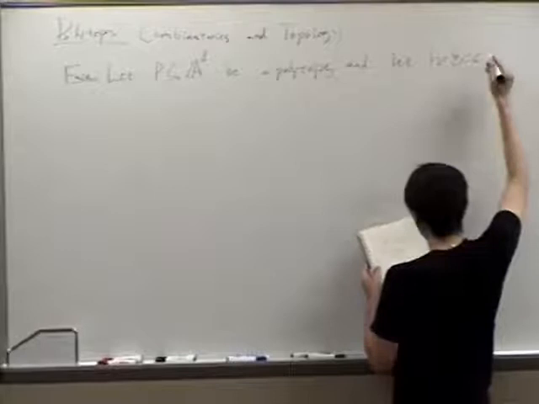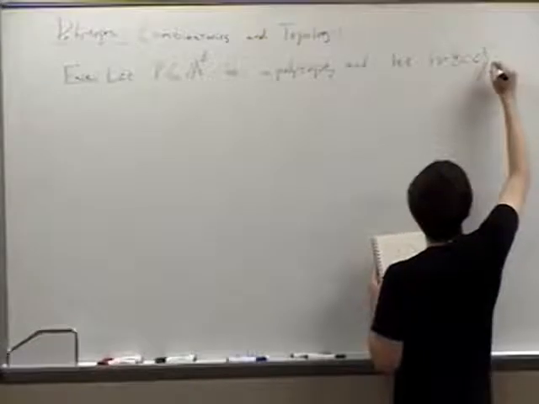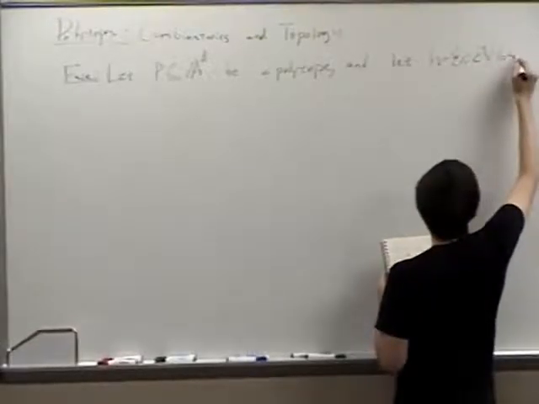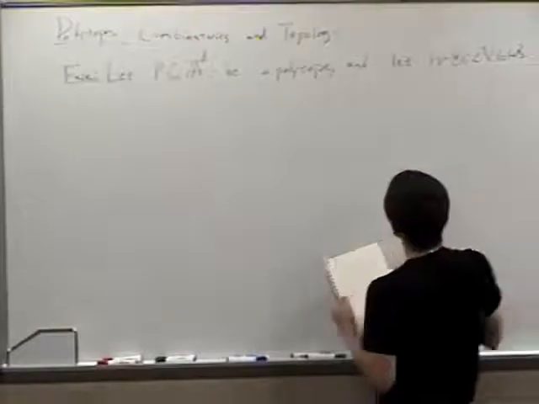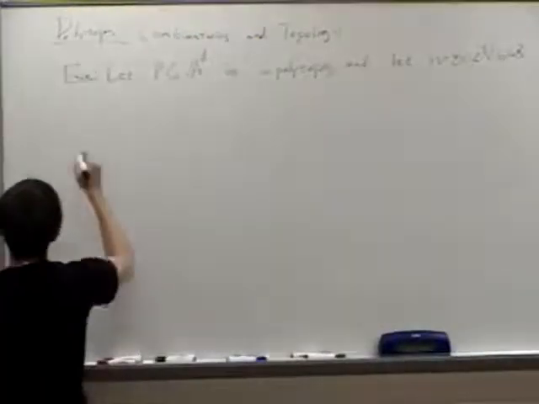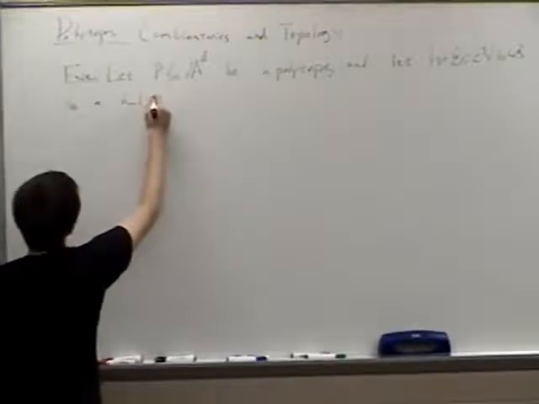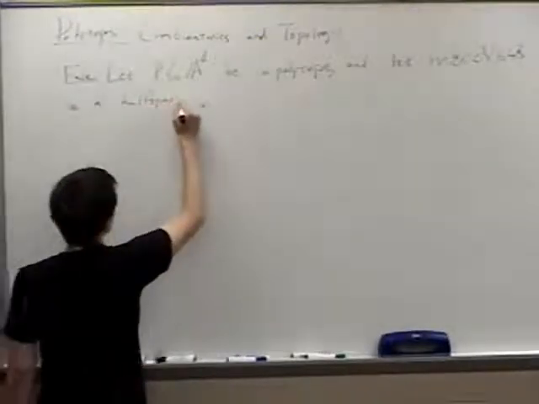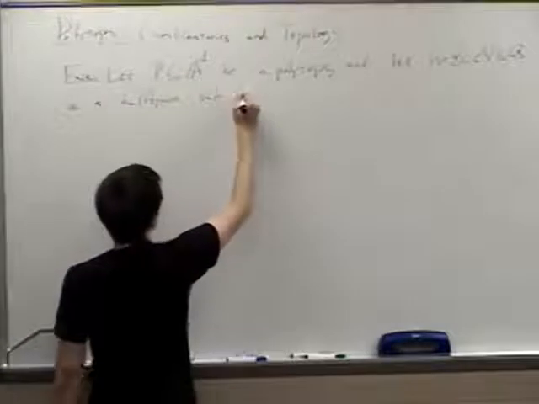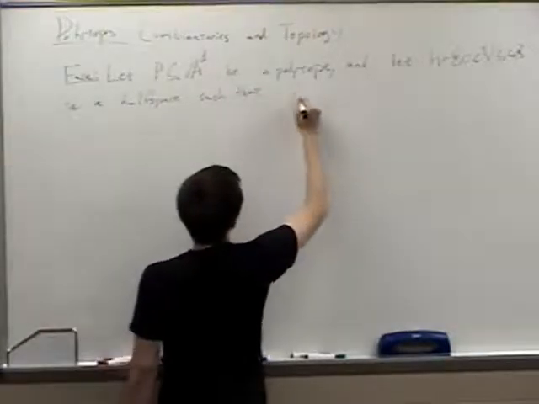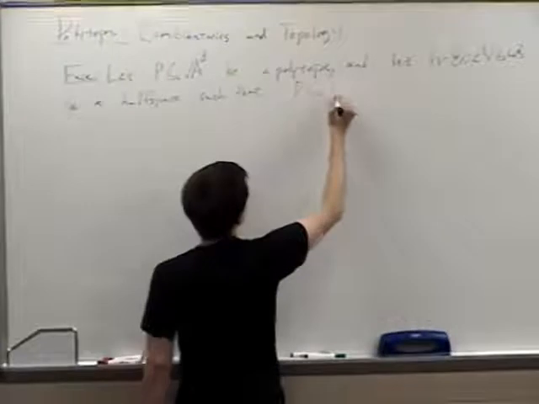We're working in affine space, so we'll write it like this: c transpose x less than or equal to c naught. Be a half space such that P is completely contained inside H.